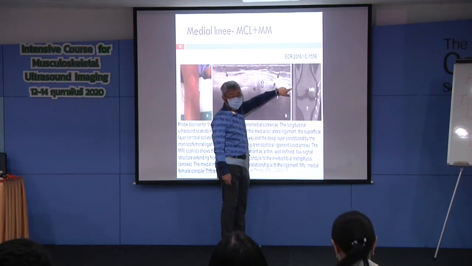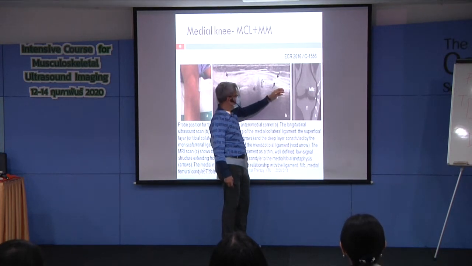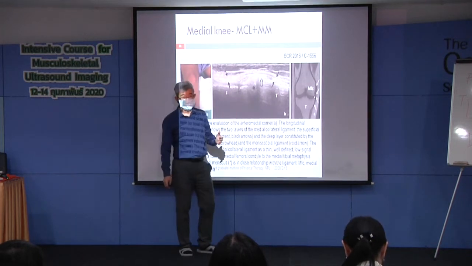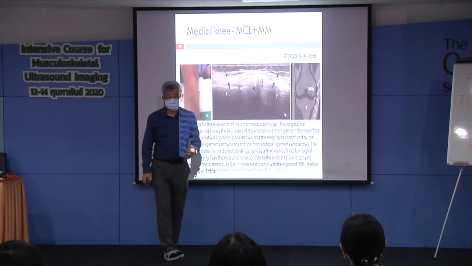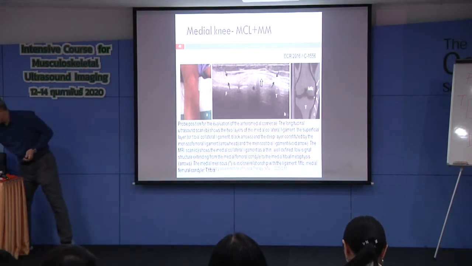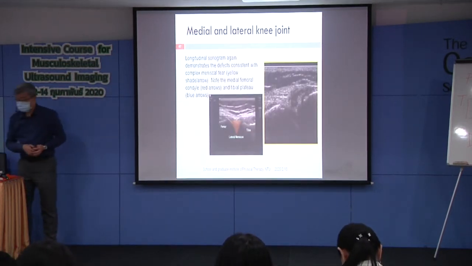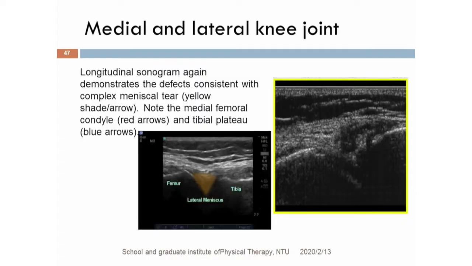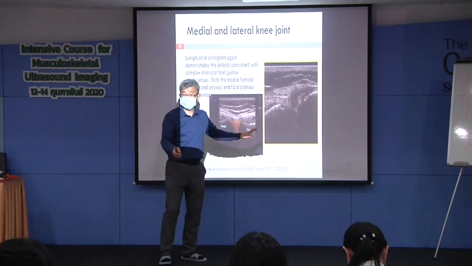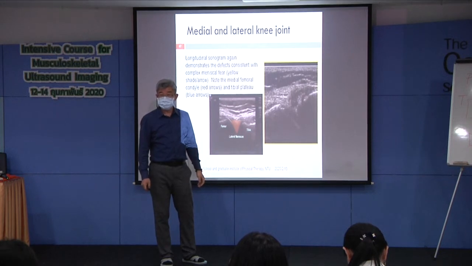If you move backwards, you will find the tendon of the pes anserinus. If you bend your knee, like the position for the quadriceps tendon, this is the lateral meniscus. This is the position for the bent knee. We are going to practice scanning.